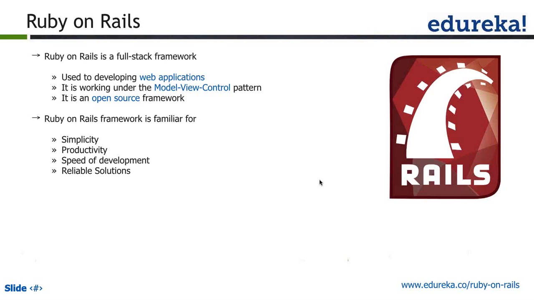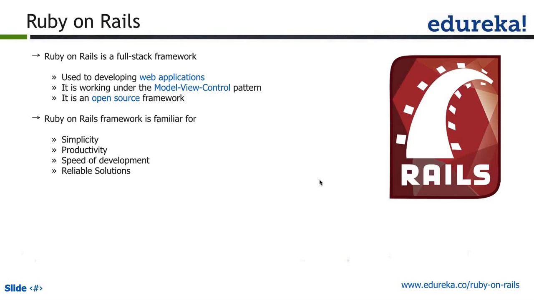But with Rails, as you'll see, things are very simple because everything is packaged with Rails. When we create a new Rails application, everything will be there with you, the server, the database, the configuration. So you don't need to do anything if you want to use the default settings.